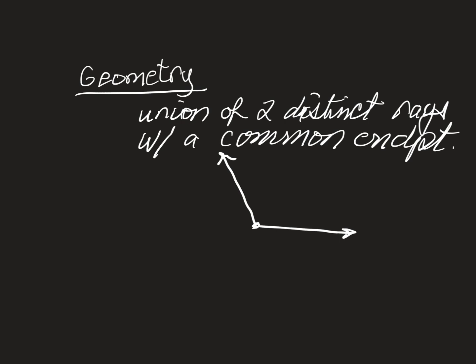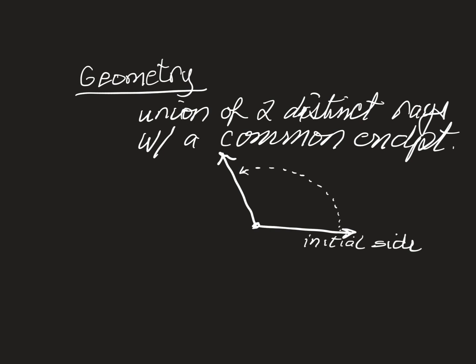Now, we modify that definition a little bit when we get to trigonometry. We start to think of angles as sort of rotating. So what we do is we take this first ray, which we call the initial side of the angle, the initial side, and then we take that ray and we rotate it, okay?